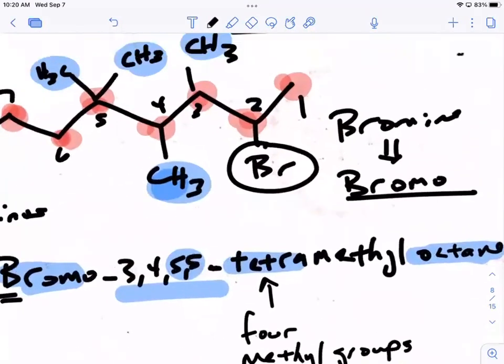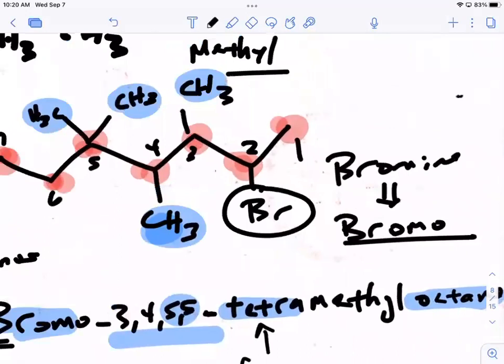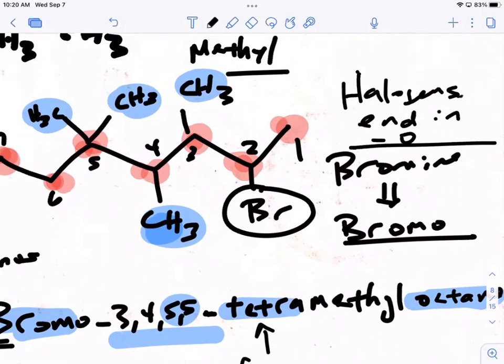Sure. When you're doing nomenclature and naming, sometimes you have to drop the ending of the atom or the group and change it. For halogens like bromine, chlorine, iodine, you always end those in O. So if it's bromine, you change it to bromo, if it's a substituent on a chain.